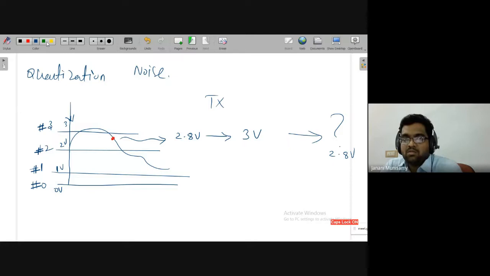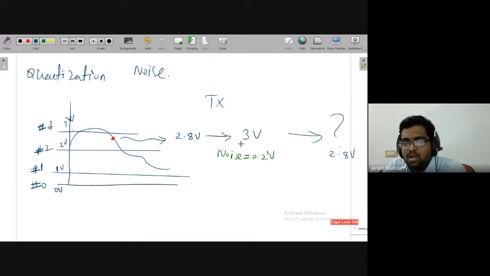So that means voluntarily we are introducing some noise. In the process of quantization, we are introducing noise. How much noise are we introducing? Around 0.2 volt is the noise, because 2.8 you are approximating to 3. Again, from 3 can you get exactly 2.8? That is a question mark. So you are introducing some noise. That noise is called quantization noise.